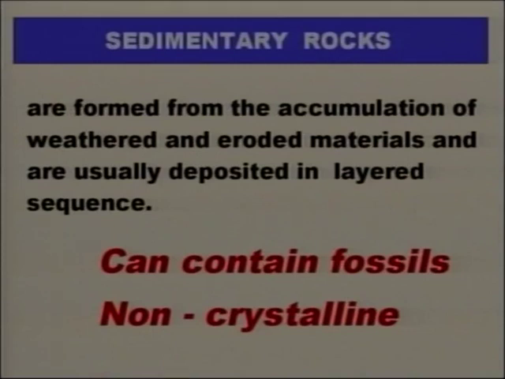Do you think the definition is simple enough for you to understand? Okay, I'll go through it again. We've looked at the processes of how a sedimentary rock could be formed, and we found out that sedimentary rocks are formed from the accumulation of weathered and eroded materials and are usually deposited in layered sequence.